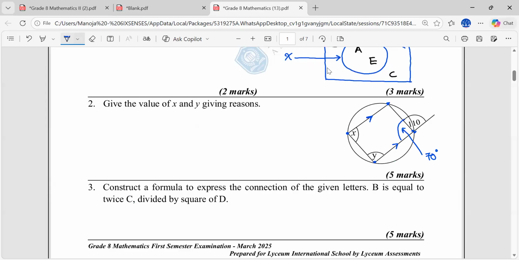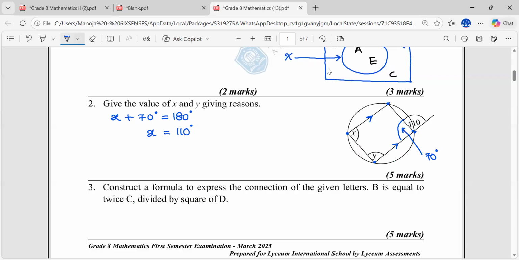If that is 70, x will be 110. Why? Because x plus 70 will be equal to 180. Why? In a cyclic quadrilateral, opposite angles add up to 180. So then I can write that x is equal to 110.